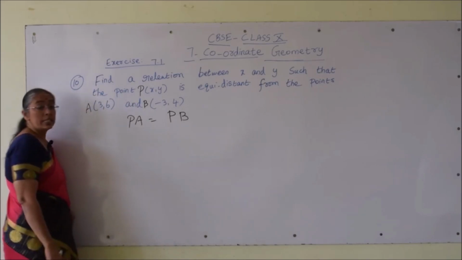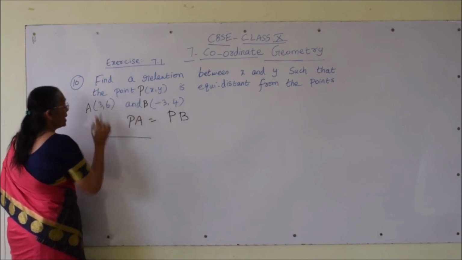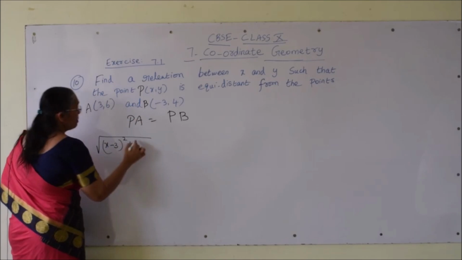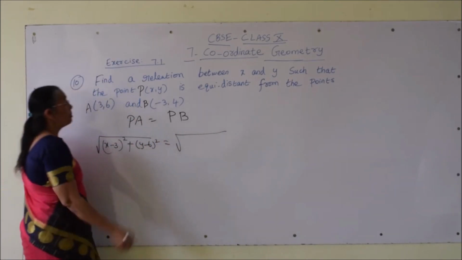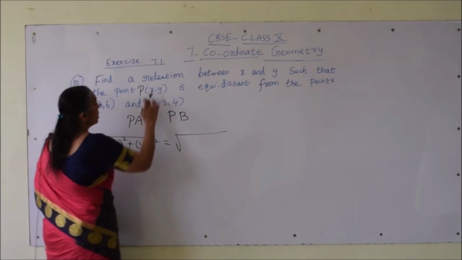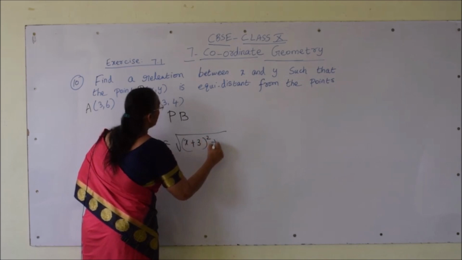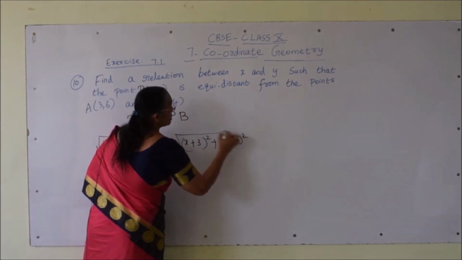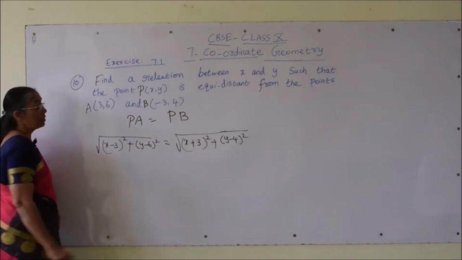Using the distance formula, PA is root over (x minus 3) whole square plus (y minus 6) whole square, equal to the PB distance, root over (x minus of minus 3, that is x plus 3) whole square plus (y minus 4) whole square. So, our question is to find the relation between x and y.